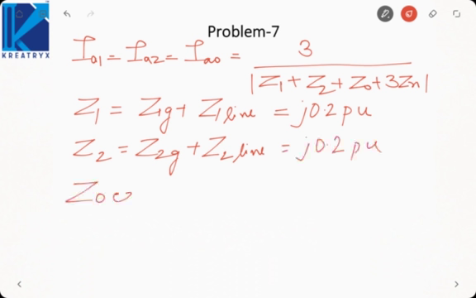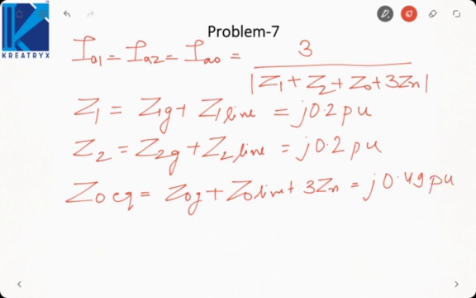Now Z0 equivalent will be Z0 generator plus Z0 line plus 3 Zn. So it will be 0.04 plus 0.3 plus 3 into 0.05. So it will be J0.49 pu. So from here IA0 will be 3 by J0.2 plus J0.2 plus J0.49.